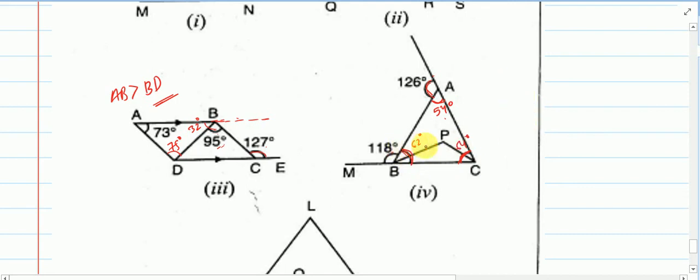Now as we know that PB is the bisector of this whole angle, this much will be 31, and PC is also the bisector of this whole angle, so this will be 32. Now you can see opposite to PB is 32 and opposite to PC is 31. So 32 is bigger, so the side opposite to 32 degrees will be bigger. So PB will be bigger than PC.